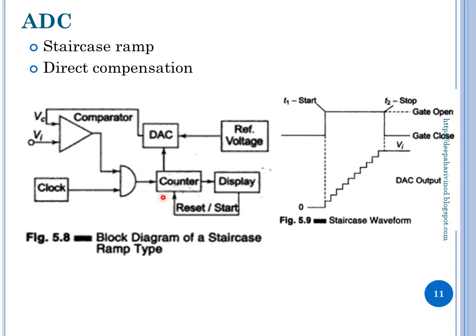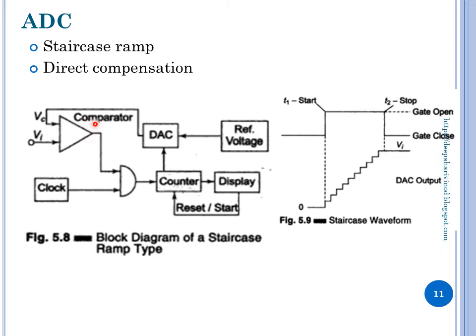Since the counter is 0, the DAC output will also be 0. If VI is not equal to 0, the input comparator applies an output voltage that opens the gate.